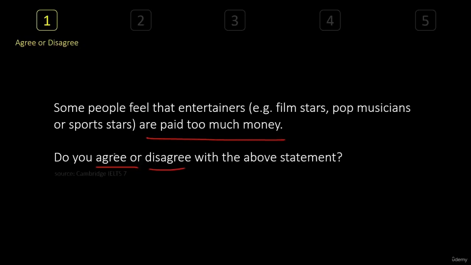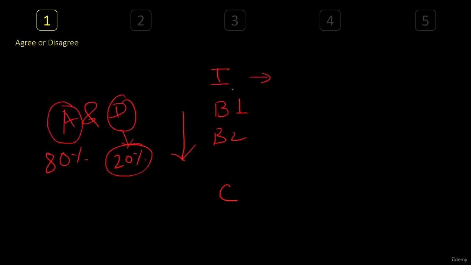Do you agree? I'll say I agree. When I say I agree in the introduction, I'll mention 2 body paragraphs in agreement, and I'll mention a 3rd body paragraph in disagreement. That, see, in some cases it's true, they're working hard, they should be paid more, right? So if I choose disagree, I would say 2 body paragraphs for disagreement and write a short one for agreement.